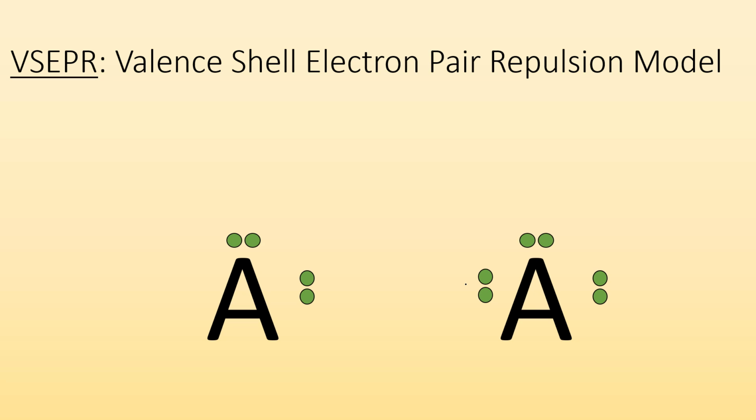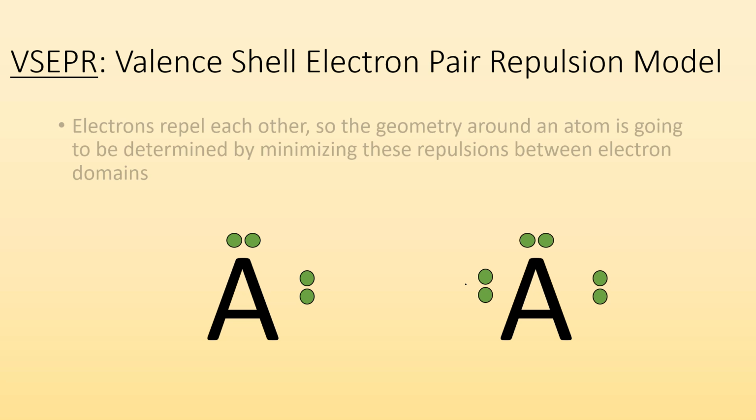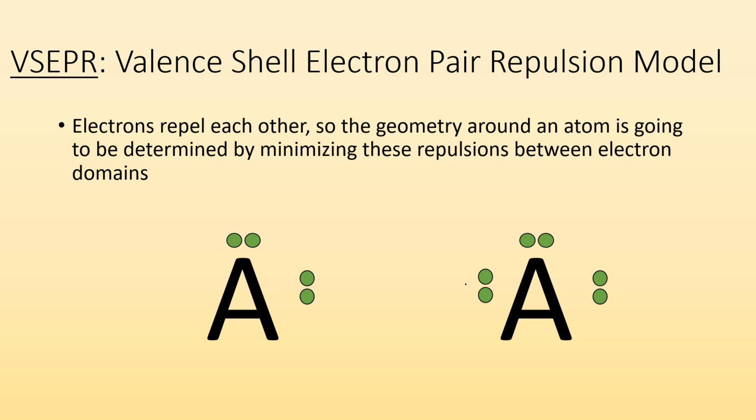So VSEPR stands for Valence Shell Electron Pair Repulsion Model. Basically it's saying that electrons repel each other. So the geometry around an atom is going to be determined by minimizing these repulsions between electron domains. For example, if I had a central atom with 2 pairs of electrons, they're going to repel each other, so they're going to spread out as much as they can to minimize those repulsions.